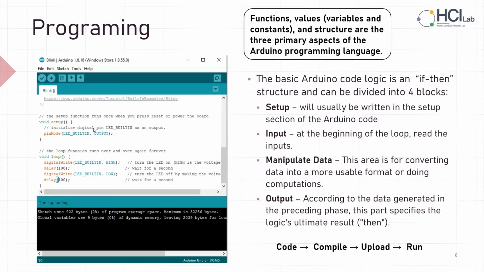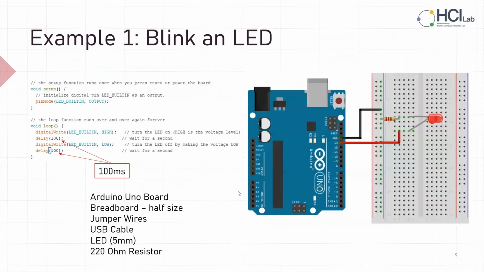So let's see this example in a real case. This is example 1, blinking an LED. This is the source code of the blinking LED, and these are the required hardware parts: Arduino Uno board, half-size breadboard, jumper wires, a USB cable, LED, and 220 ohm resistor.